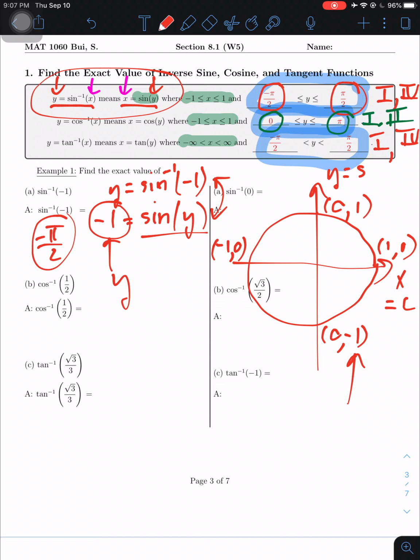Okay, but remember, usually I told you guys that at this spot we're going to have 270, right? So why isn't it the answer? Why does it have to be -90 instead of having it positively as 270? Well, the reasoning is because of this restriction in here.